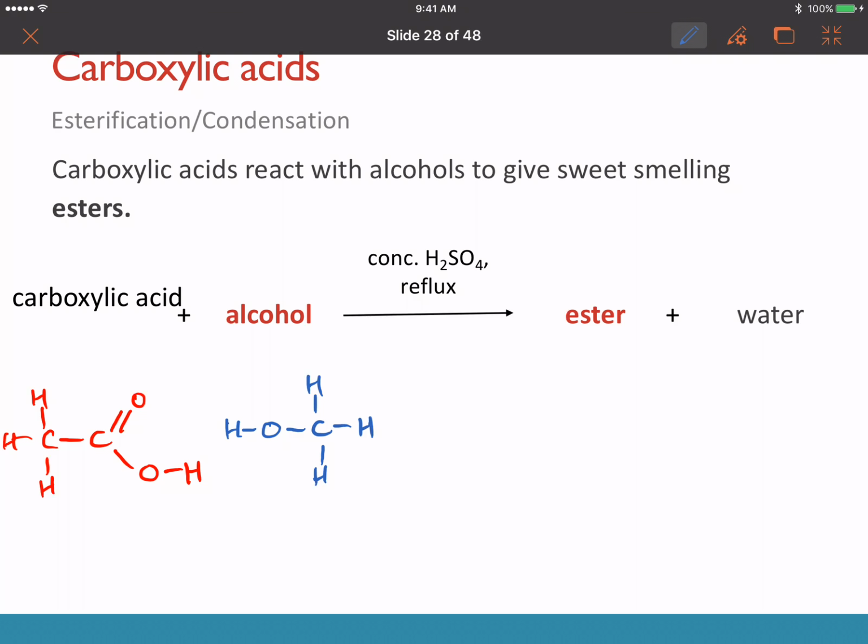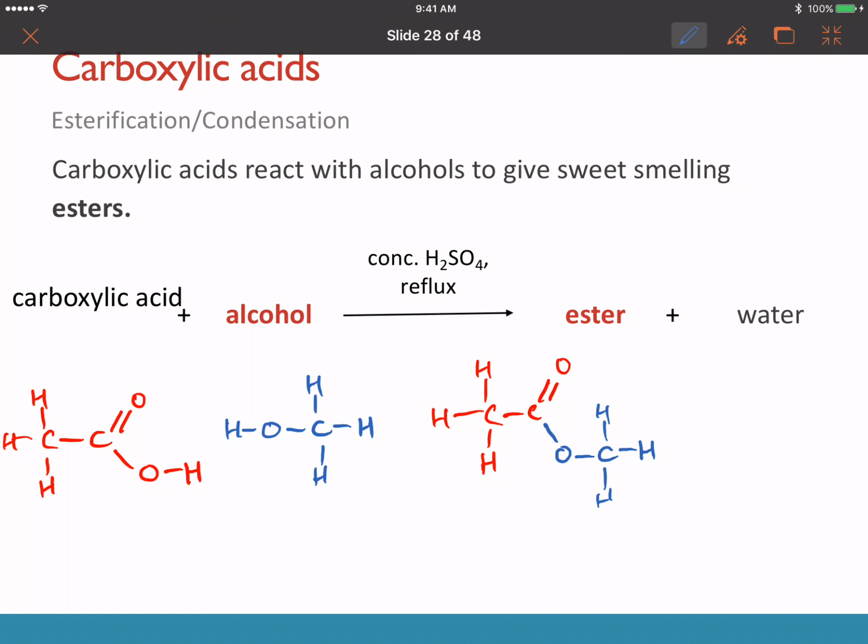Okay, together, what is the ester that they are forming? We still have the carboxylic acid portion up till the carbonyl group. Okay, but note that this oxygen is from the alcohol.